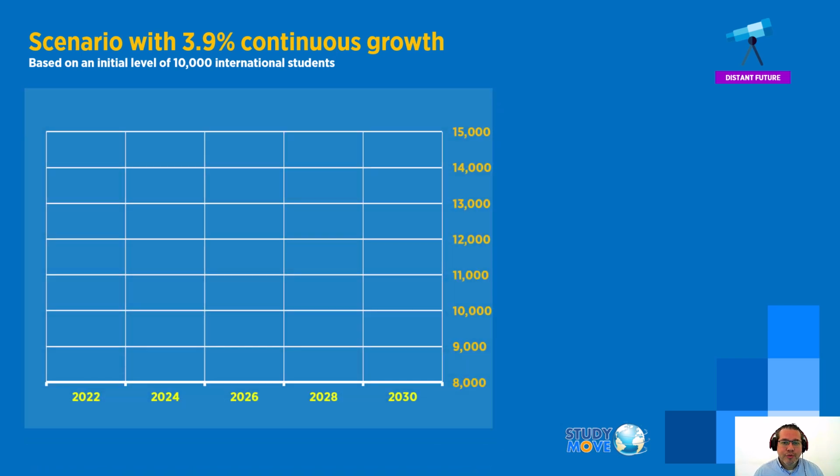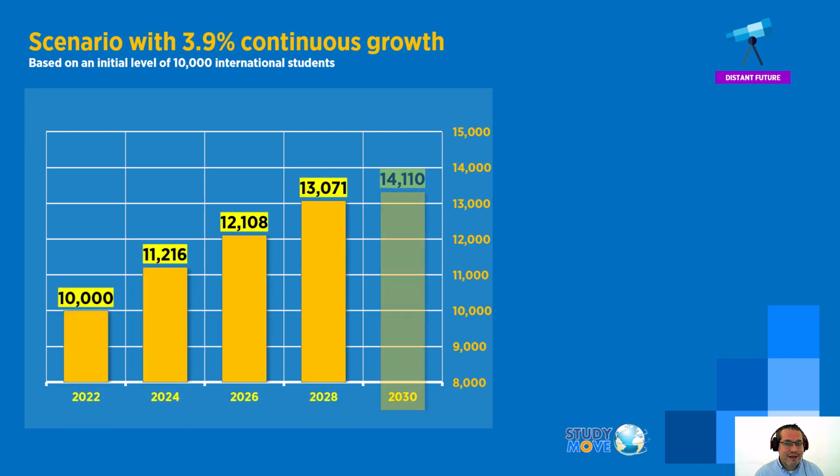What I'm trying to raise here, something important to consider for the next 10 years, is: are we going to reach a limit in how many students education providers can service with an on-campus experience? If you think about, let's say, a university that currently has 10,000 international students, which we have quite a few of here in Australia, by 2030 this university will have more than 14,000.